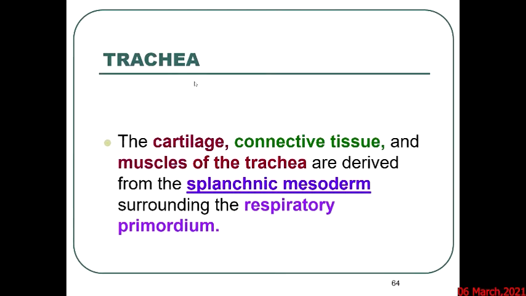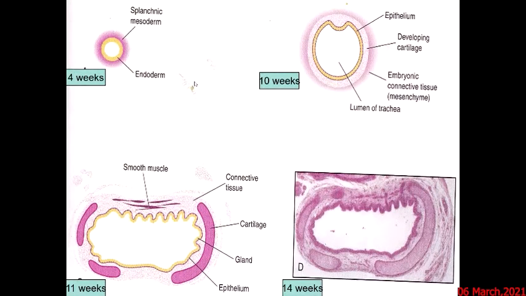There is nothing to memorize here. So this is about our trachea. In a 4-week-old trachea, this is endoderm and this is mesoderm. The mesoderm then will differentiate into mesenchyme, meaning embryonic connective tissue, developing cartilage, and epithelium comes from the endoderm of the foregut or yolk sac.